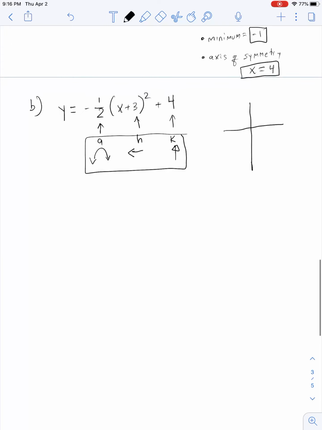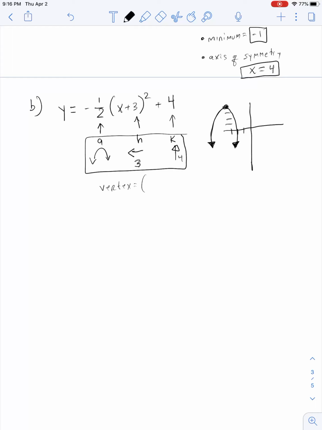Once again, from 0, 0, we go to the left 3 times: 1, 2, 3. We go up 4 times: 1, 2, 3, 4. And it opens down. So again, it's a sketch, not to be exact. We also know our vertex from here.